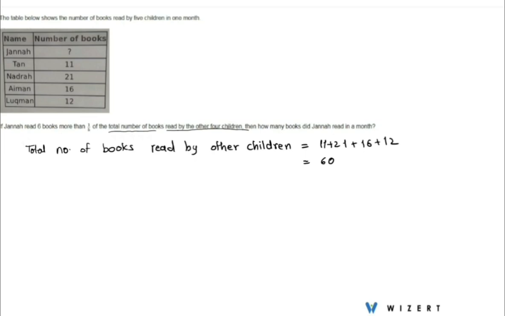Now it is given that Jana read 6 books more than one-fifth of the total number of books read by other children. So let's first find one-fifth of the total number of books read by other children.